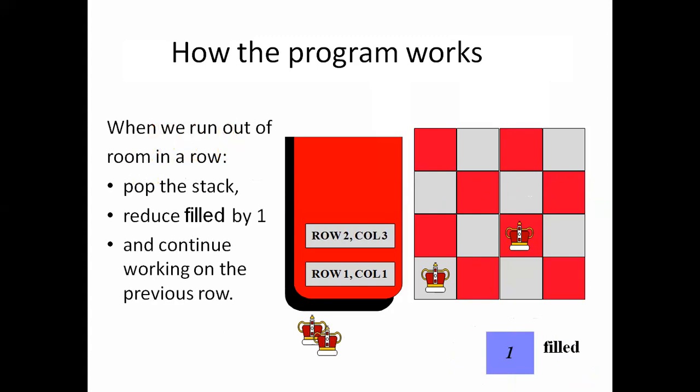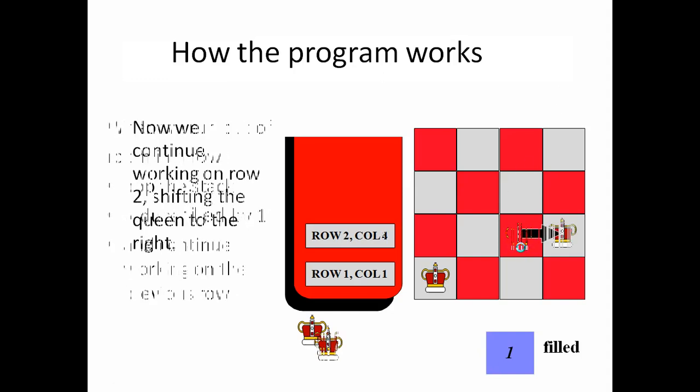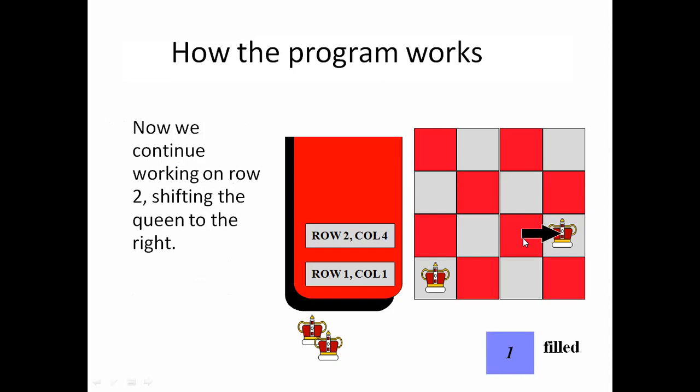Pop off the value from the stack, reduce it by 1, and continue working on the previous row. The previous row is this one. So now we shift this queen to the next column, that is the fourth one.